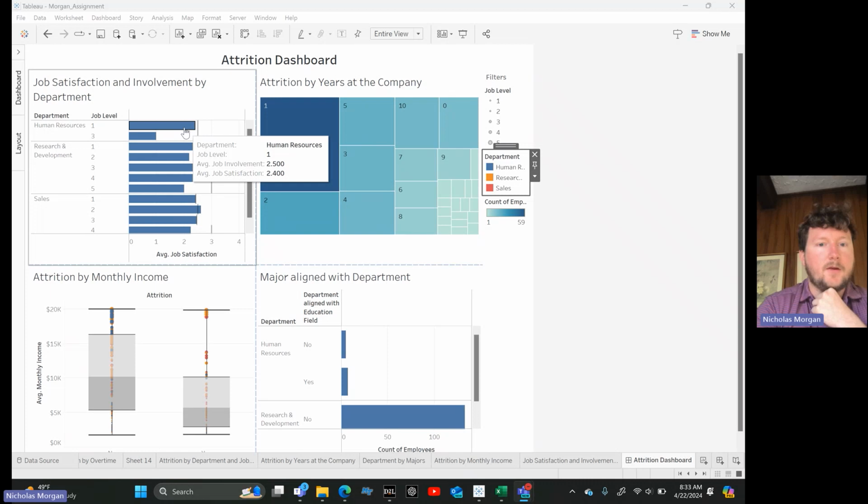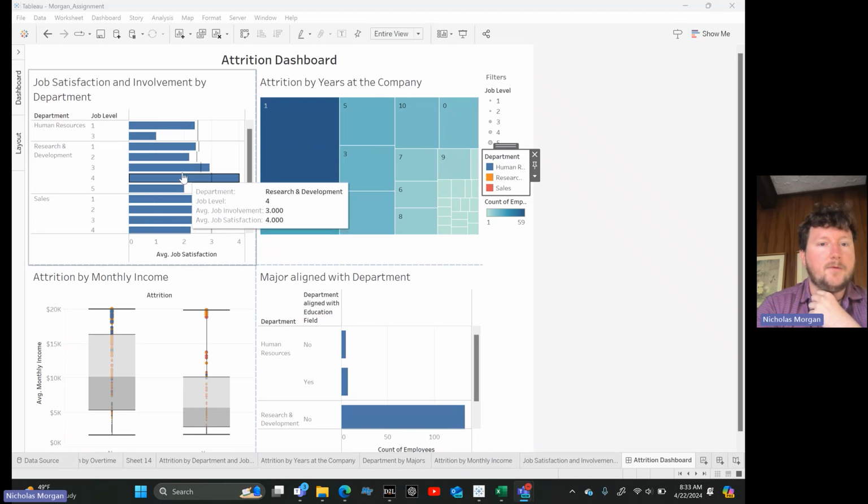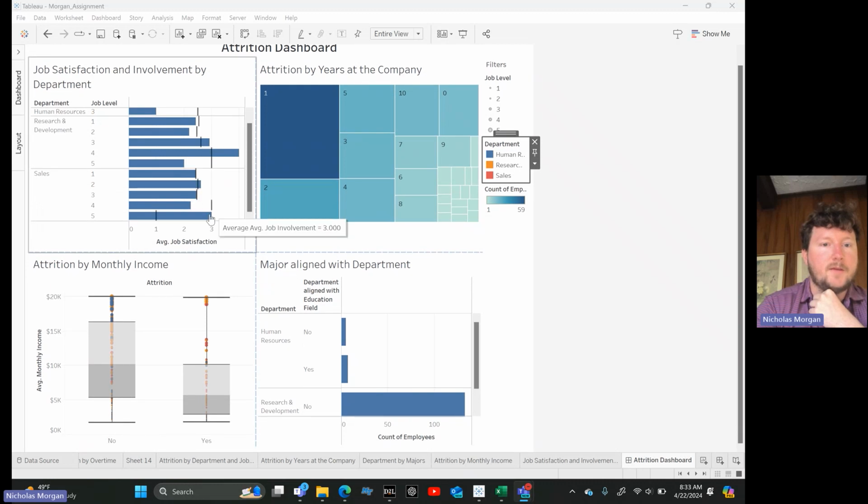So this is their job satisfaction level, and the bar is their job involvement. And you can see a lot of the people in the research and development department have higher satisfaction, but lower job involvement. And then in sales, you can see there is high job involvement right here, but lower satisfaction in general. This is a trend that I think I've studied pretty well.